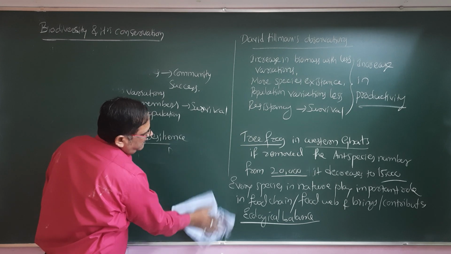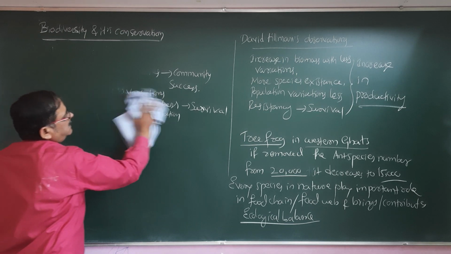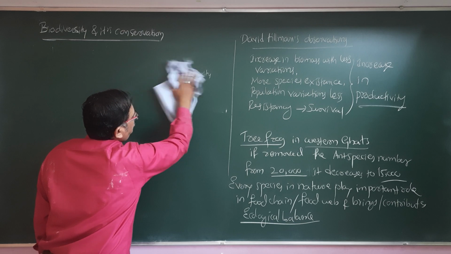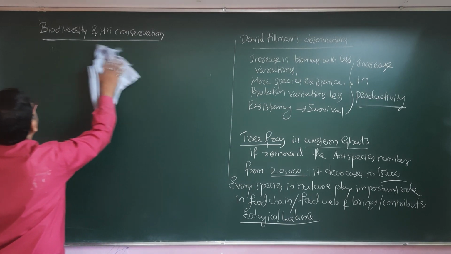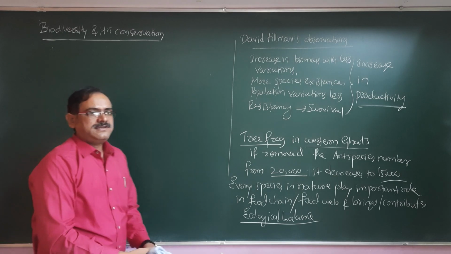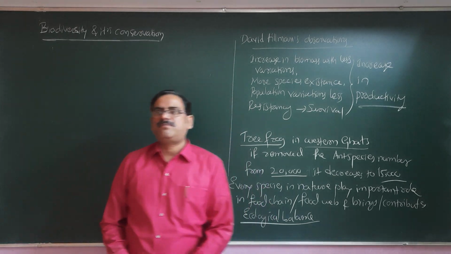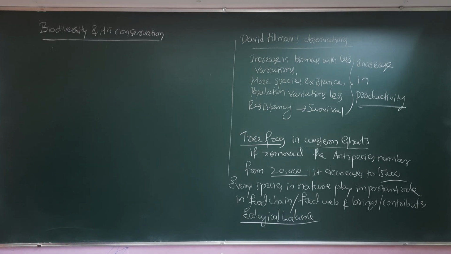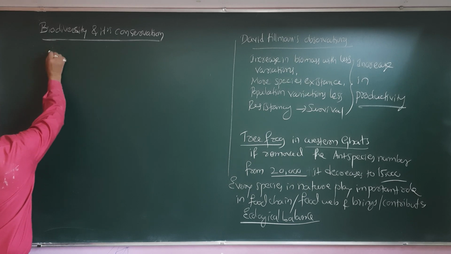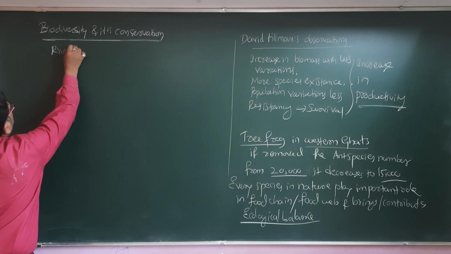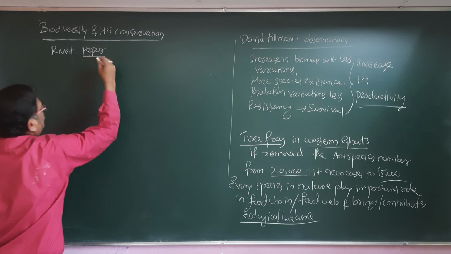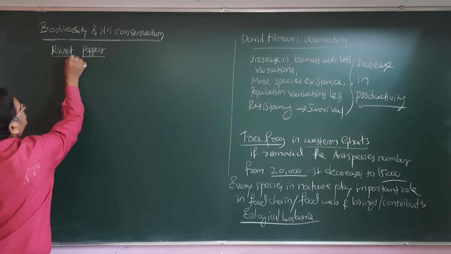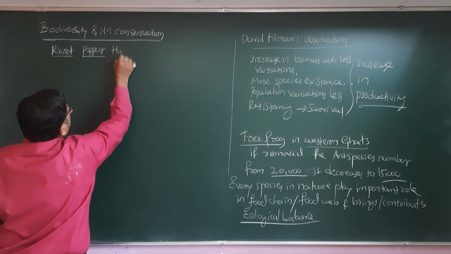If we consider the whole ecosystem as a system, like a flying machine or aeroplane, it is an analogy given by Paul Ehrlich. Popper means popping out or removing out. We are removing rivets: the rivet-popper hypothesis.